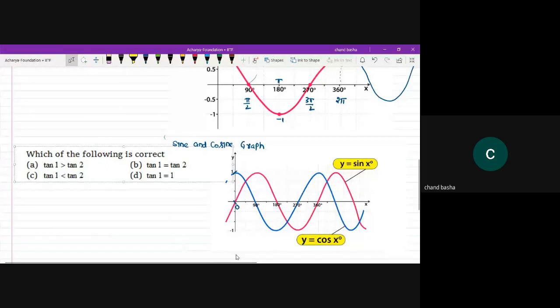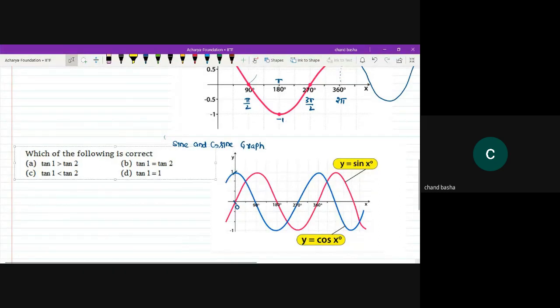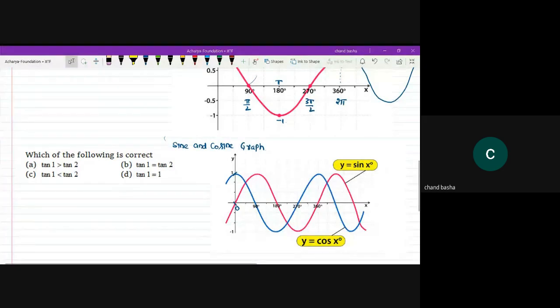Till tan is not completed, I'll try to discuss tan also. Once we take the second problem he has given, these are the two questions from previous years of competitive examinations.